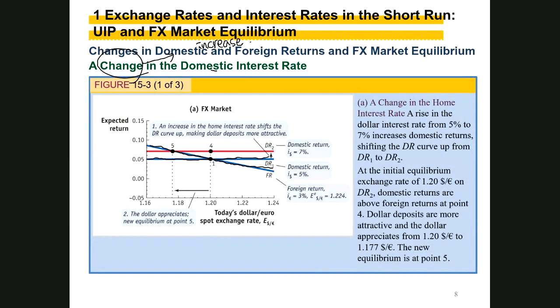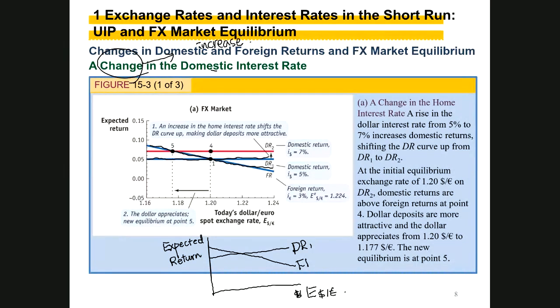This is the expected return. This is my DR1. This is my FR. My equilibrium originally is here.